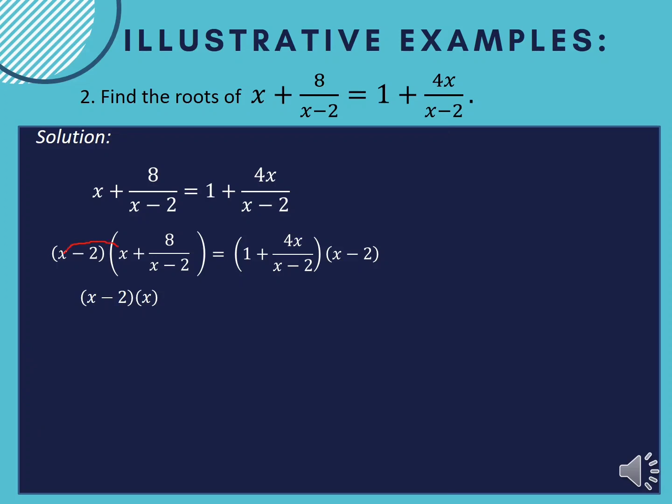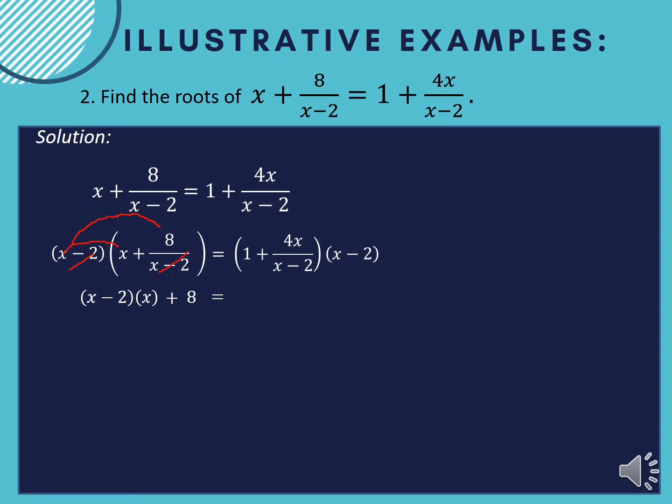And then, another one is (x - 2) times 8/(x - 2). So why did it become positive 8? Because (x - 2) divided by (x - 2) cancels, so what is left is 1, and 1 times 8 is equal to 8.